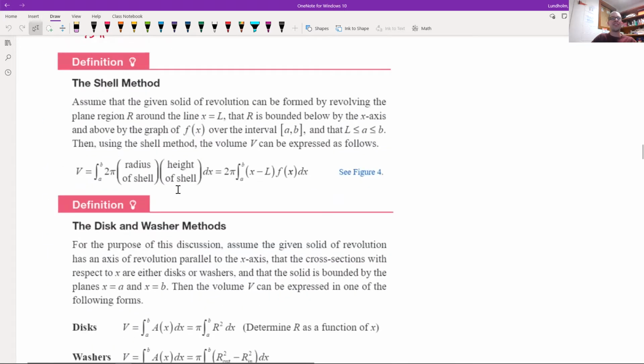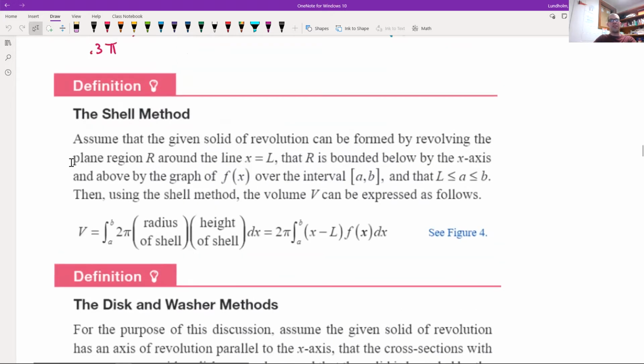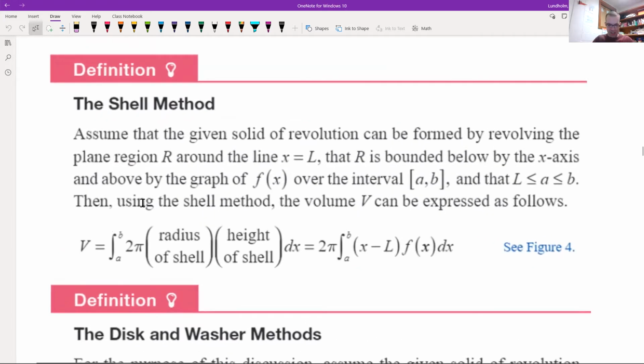Just to recap and finish up, the shell method: the little line segment is parallel to the axis of rotation.